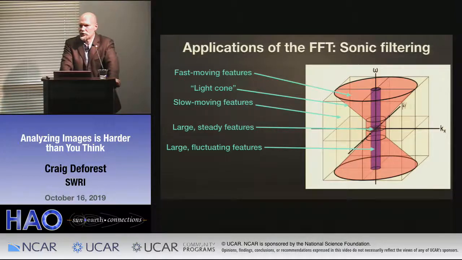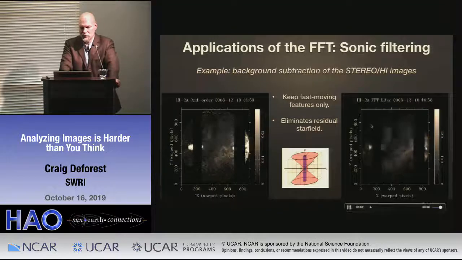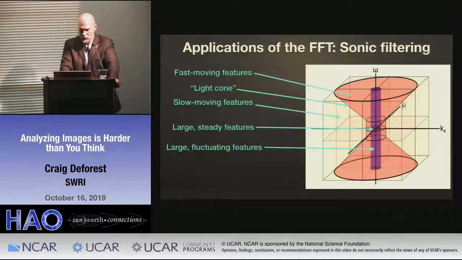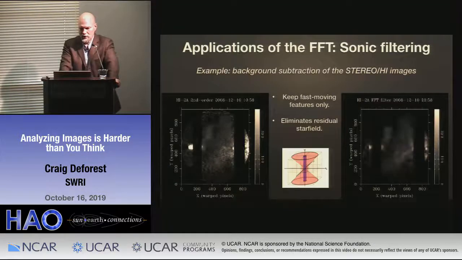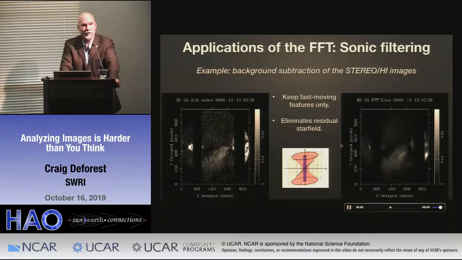If you Fourier transform an image sequence, you get k-omega space, and things that are moving at certain velocities live at certain places in that space, and you can isolate them. That's really neat. So here, by keeping things inside this cone here, we can isolate noise that we couldn't get rid of any other way.